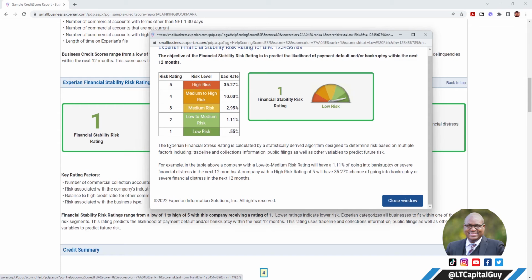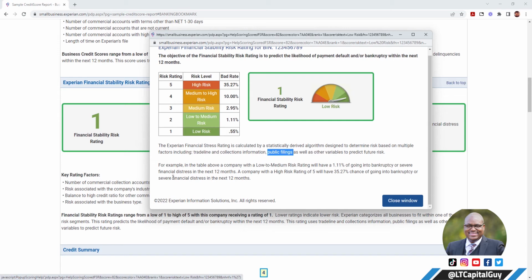It says here also the Experian financial stress rating is calculated by a statistically derived algorithm. Basically that means it's calculated based on a system it created to determine risk based on multiple factors, which includes your trade lines, again, how you've been paying your bills, if there have been any collections against your company, and also if there have been any public filings against your company as well.